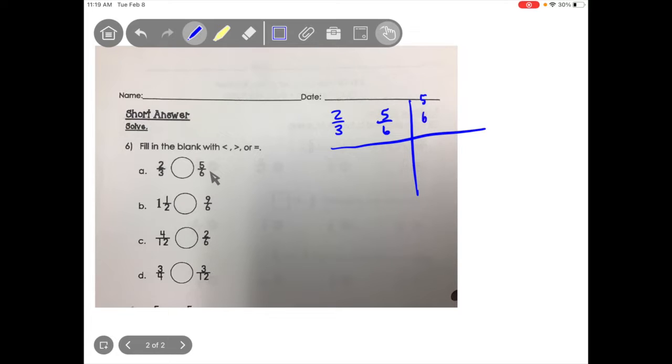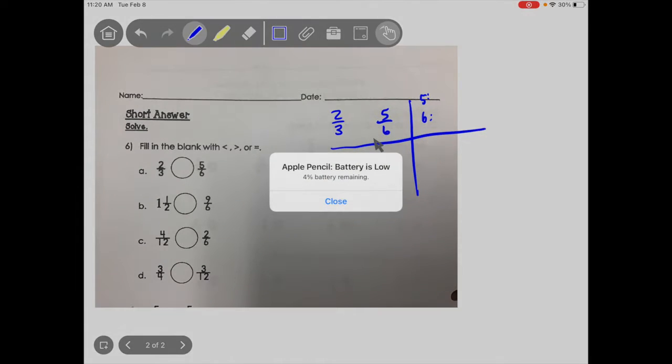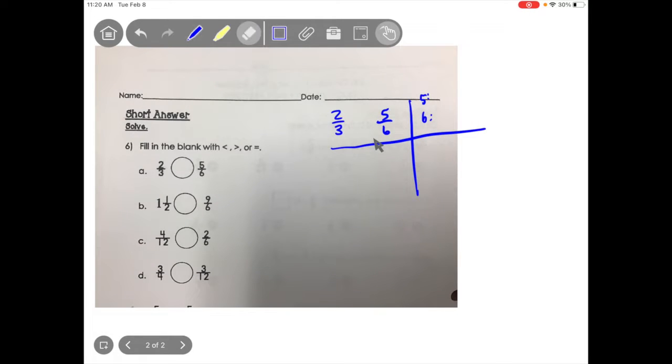We have a denominator of 6, and we have a denominator of 3. We're going to list the multiples of 3, list the multiples of 6, until we find the lowest one they have in common.